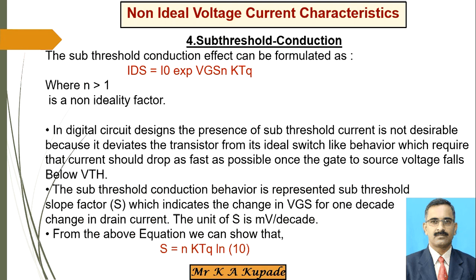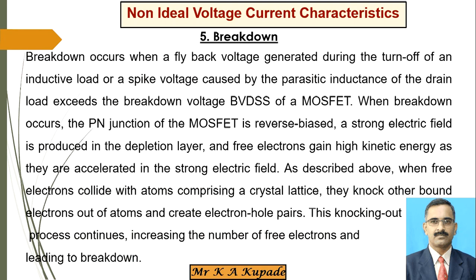That is the equation for sub-threshold conduction. This is all about the sub-threshold. Remember that sub-threshold conduction happens due to a small value of VDS, when VGS has not reached the VTH threshold value, in the region from 0 to the threshold value.